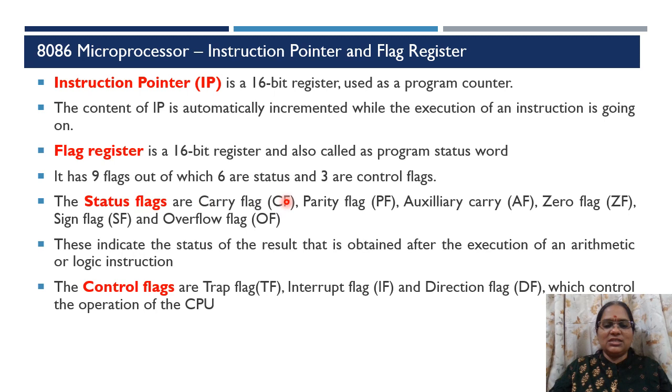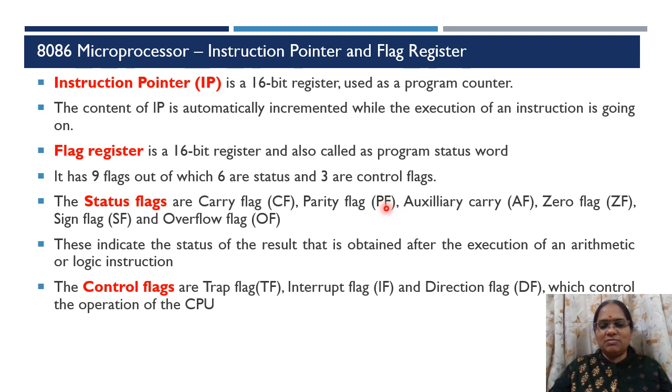The status flags are carry, parity, auxiliary carry, zero, sign, and overflow. These are all indications of the result after performing any arithmetic or logic operation. If you perform any arithmetic operation and you get a carry in the result, this flag will be set.